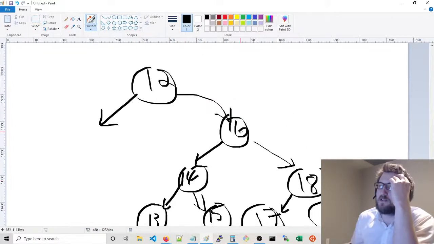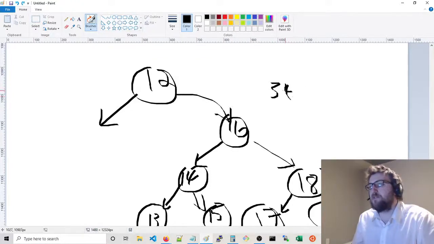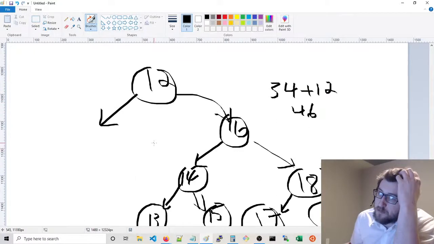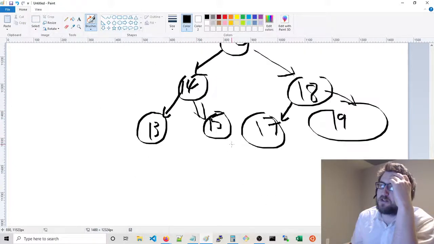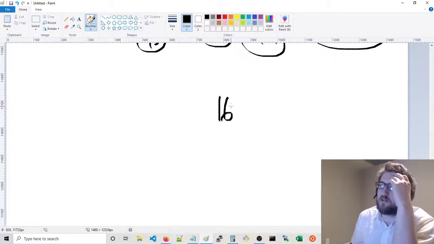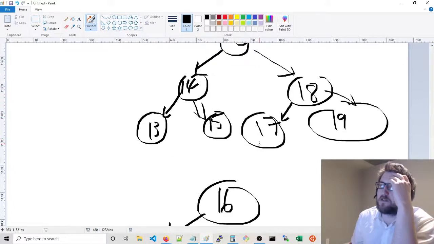And here, this gives us 18 plus 16 plus 12. That's 34 plus 12. It's 46. However, that's not quite as good as doing 16 as the parent, and then recursively, right?